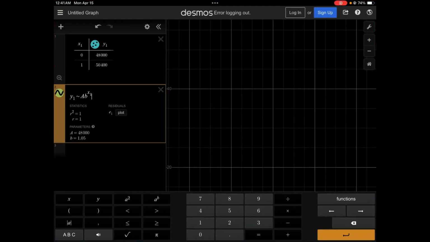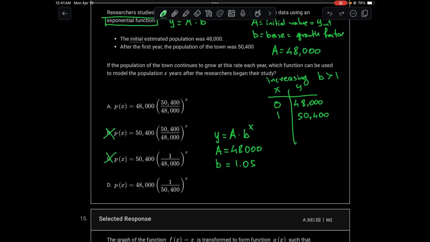And it's 1.05. At the same time, in the two options that I can immediately narrow down, because the other ones are not 48,000, so those are gone, the two options A and D, I don't see a 1.05 in either of them.